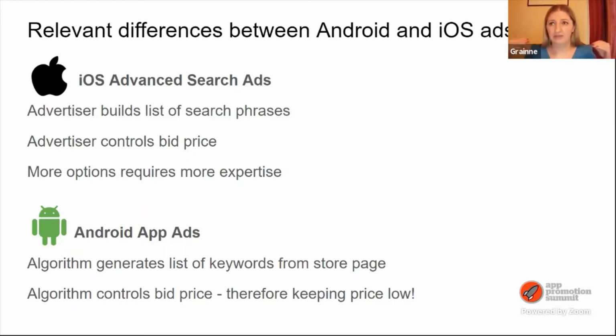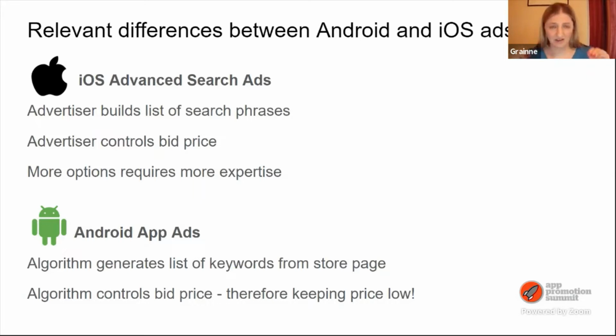You're able to set a limit of how much you want to spend, but as for the specific bids for a search phrase, that is set by Android. And that means that on the Android side, the ad space was a lot less expensive. Because Android is setting those bids, it's keeping the price low.